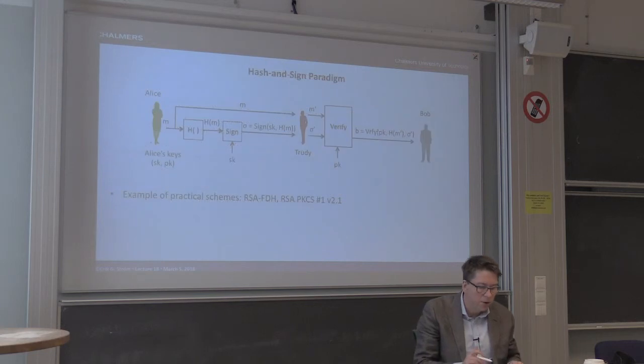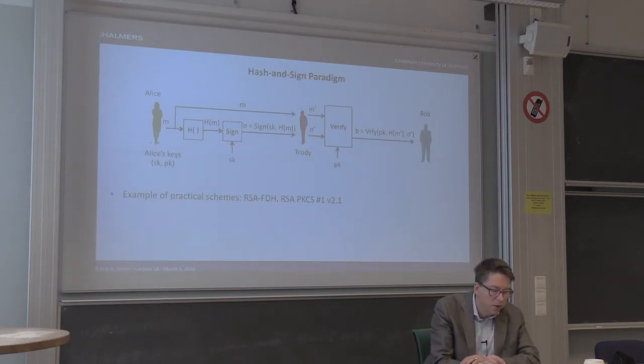So what do we use hash functions for? If we want to sign a message m, instead of signing m directly, we first compute the hash of m and then sign that. This is the hash and sign paradigm. It is used quite often in practice to reduce the complexity, because the complexity scales with the number of input bits.